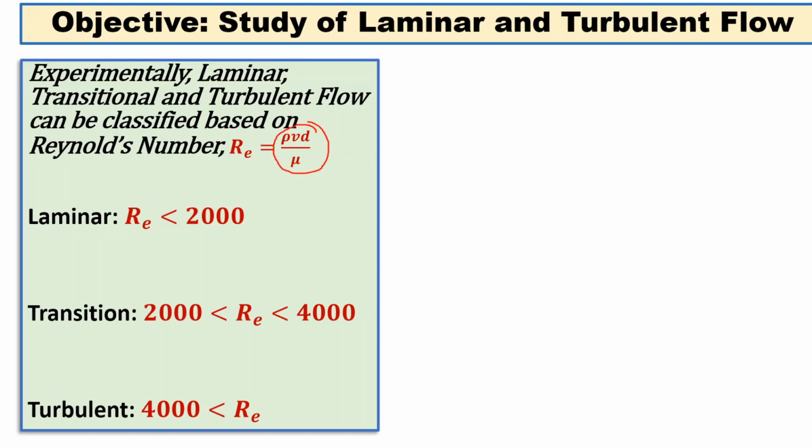And it was experimentally found by Reynolds that below a value of Reynolds number 2000, the flow remains laminar, and above a value of 4000, the flow becomes turbulent, and in between, the flow is categorized as transitional flow.